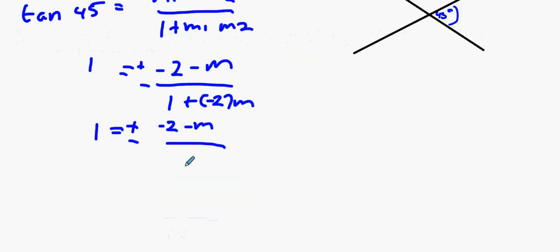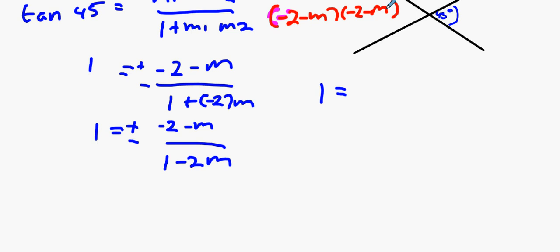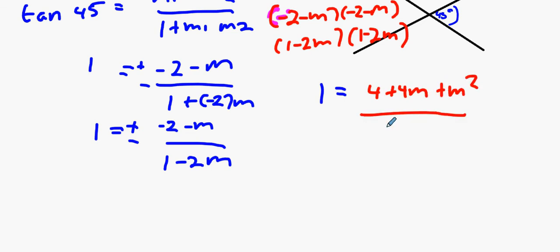Alright, we're good so far? Square both sides. You're going to get 1 equals, I'm multiplying minus 2 minus m by minus 2 minus m, and then on the bottom I'm doing 1 minus 2m by 1 minus 2m. Right, let's do this. 4 plus 4m plus m squared all over 1 minus 4m plus 4m squared.